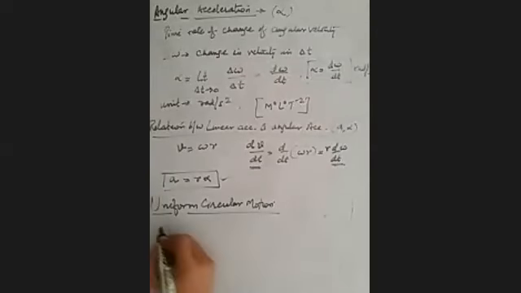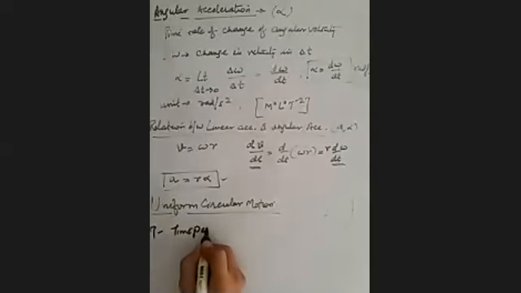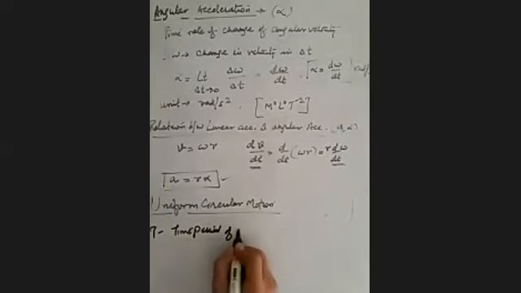And what is the time period of uniform circular motion? It is represented by capital T. So capital T represents the time period of uniform circular motion.